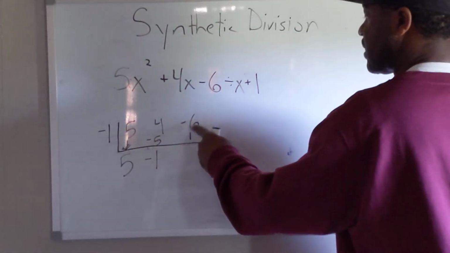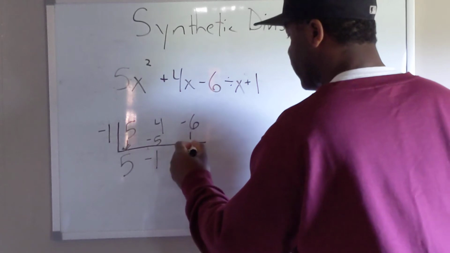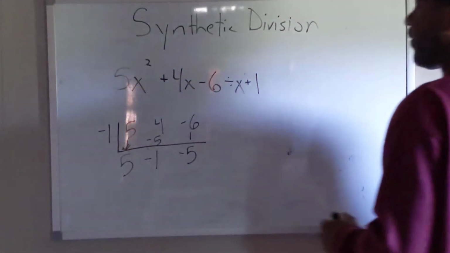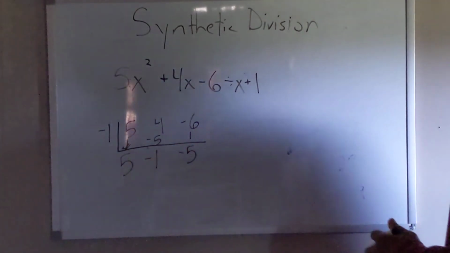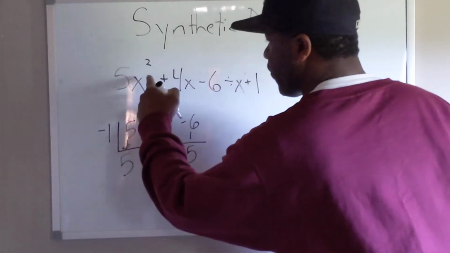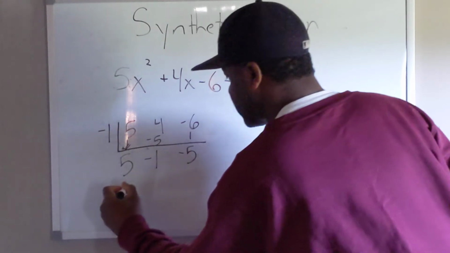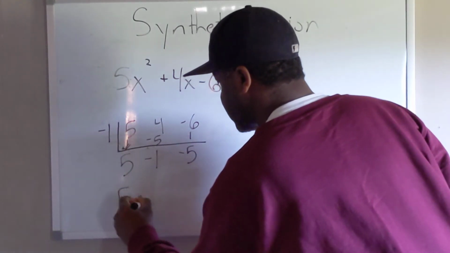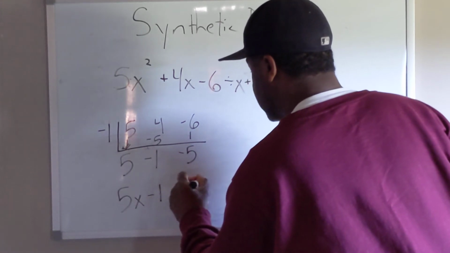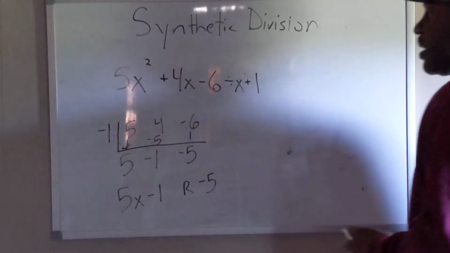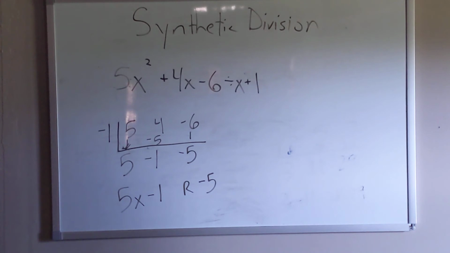And negative 6 plus 1 gives us a negative 5. That's the answer. Once we go through it, we say that was 5x squared divided by x. So we have 5x minus 1, and our remainder is negative 5. Right. So that's how we do it.